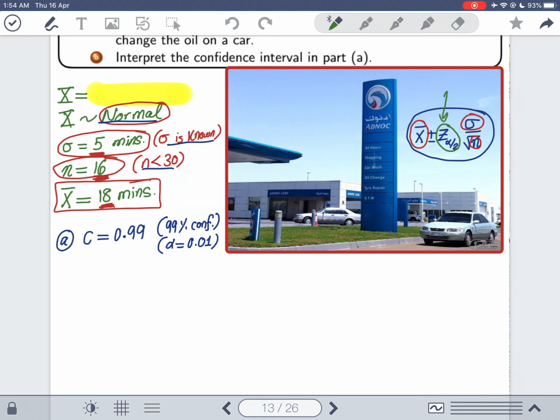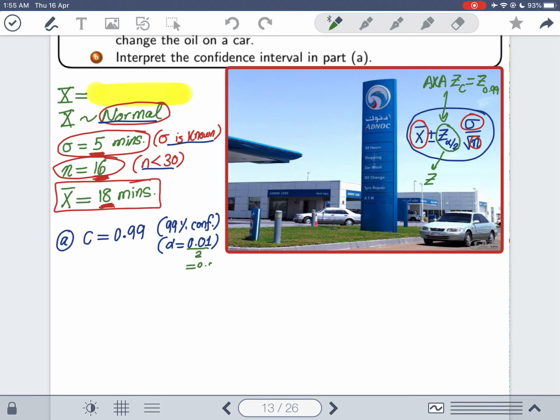In this case, you can write it as z sub 0.99, because c is 0.99. Or in terms of alpha, z sub alpha over 2, where alpha is 0.01 divided by 2.